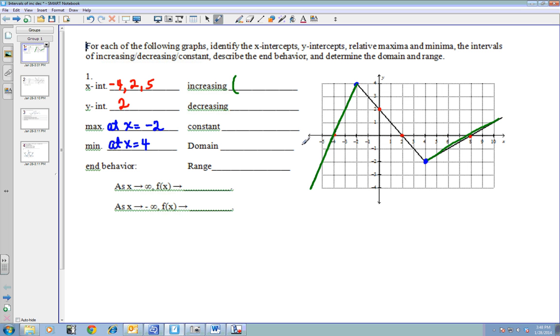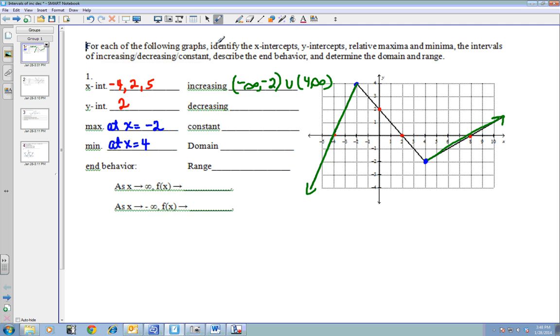And we use only our x values. So do you see that this, we're going to assume, has arrows at the end? So my x value, it's going to start from -infinity, and it's going to stop at this point when x equals -2. Unioned with, now I need to find my other interval where it's increasing. Well, it starts when x is 4, and then it keeps on going. So it's going to be 4 to infinity.